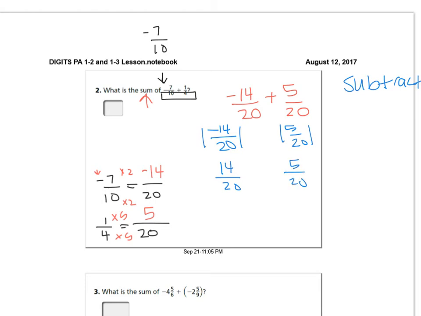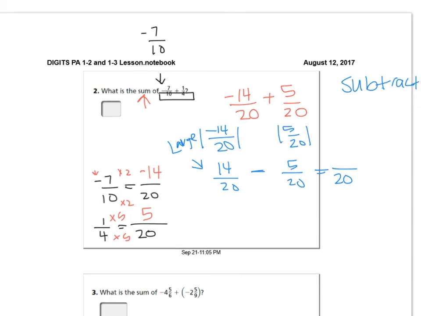So 14/20, this is my larger number. And so obviously my 5/20 is my smaller number. So I'm going to subtract these two. My denominators are the same, so I'm going to keep 20. 14 minus 5 gives me 9.